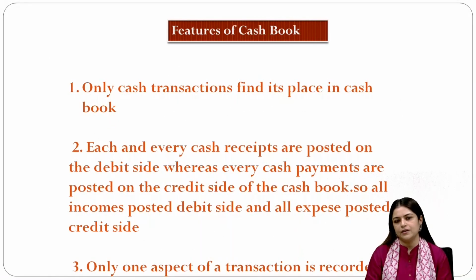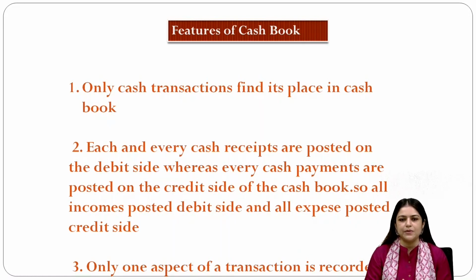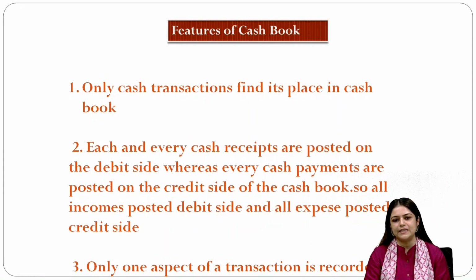Features of cash book. Only cash transactions find a place in the cash book. Only and only cash transactions take place in the cash book. Second, each and every cash receipt is posted on the debit side and each and every cash payment is posted on the credit side. So all income is posted on the debit side and all expenses on the credit side.